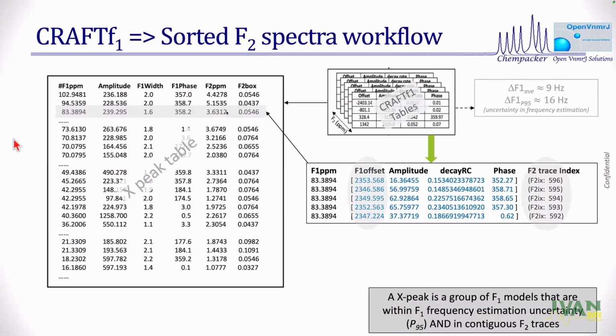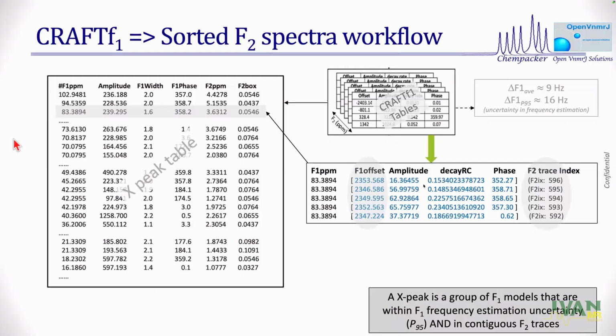Essentially, that cross peak is not really a line. It is a drawer in a chest of drawers. You open that drawer, you get these. So that's a three-dimensional table. This cross peak table is not two-dimensional, it's three-dimensional, the third dimension being each one of them having the independent F1 chemical shift, F1 offset, amplitude, decay rate, and constant phase coming from those F1 tables.